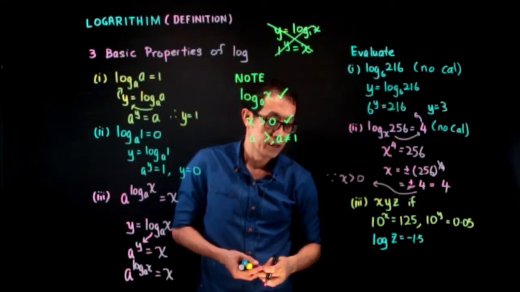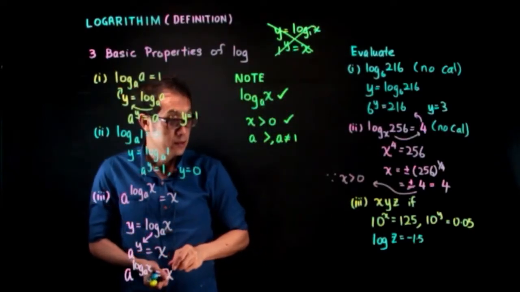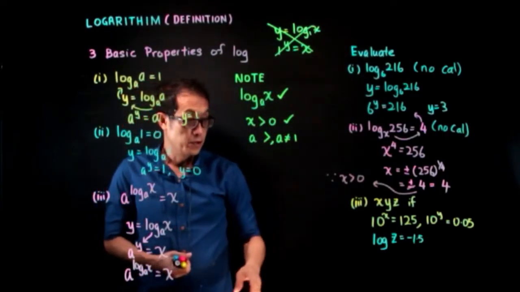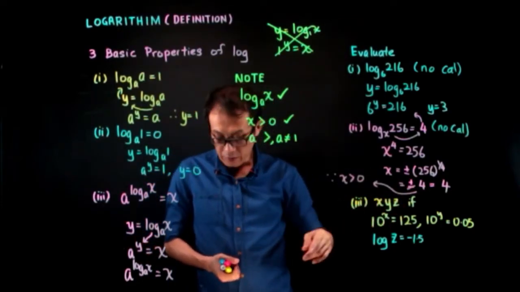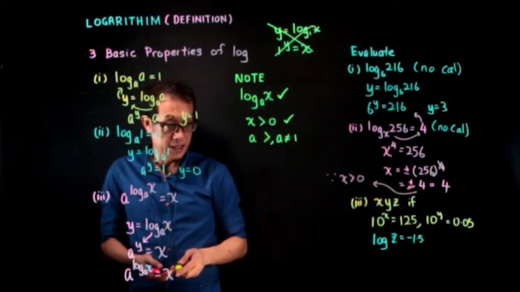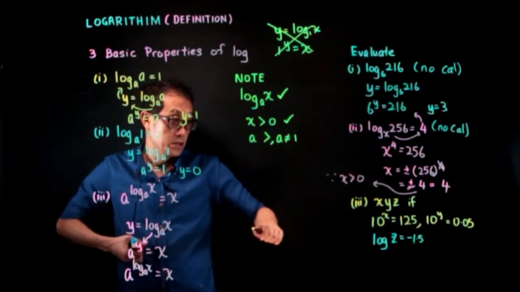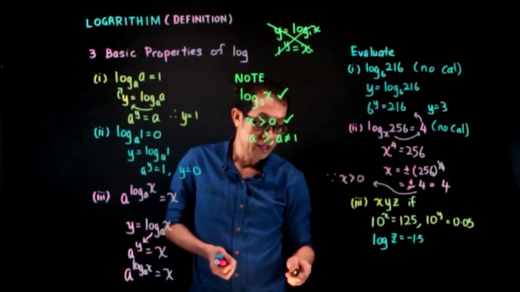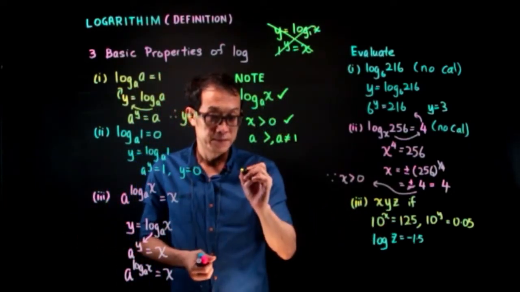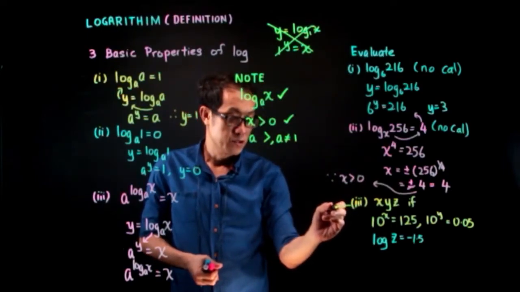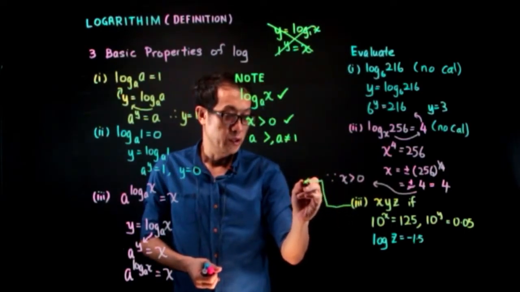Now the last one. You're asked to find the value of x times y times z. From here, we are given this, how to find x. Due to space constraint, I will do it over here.